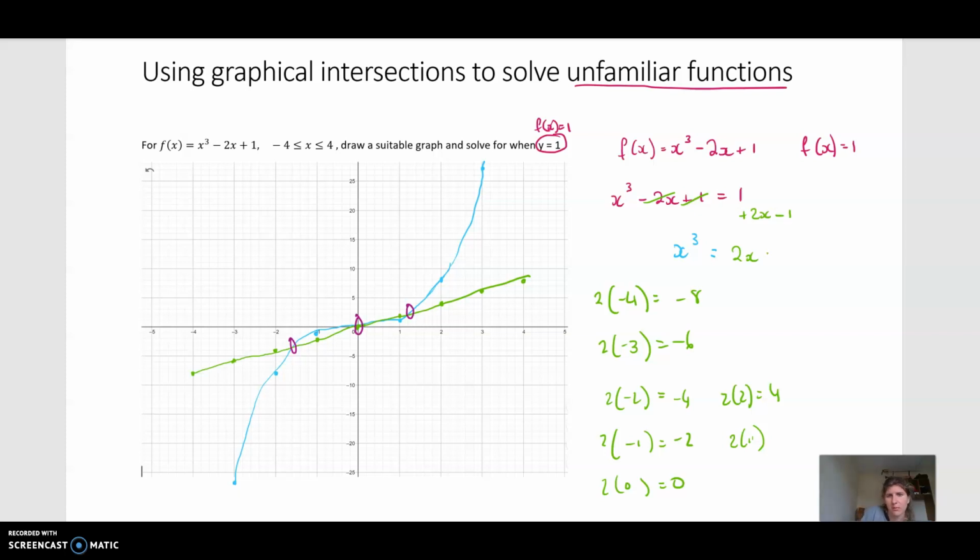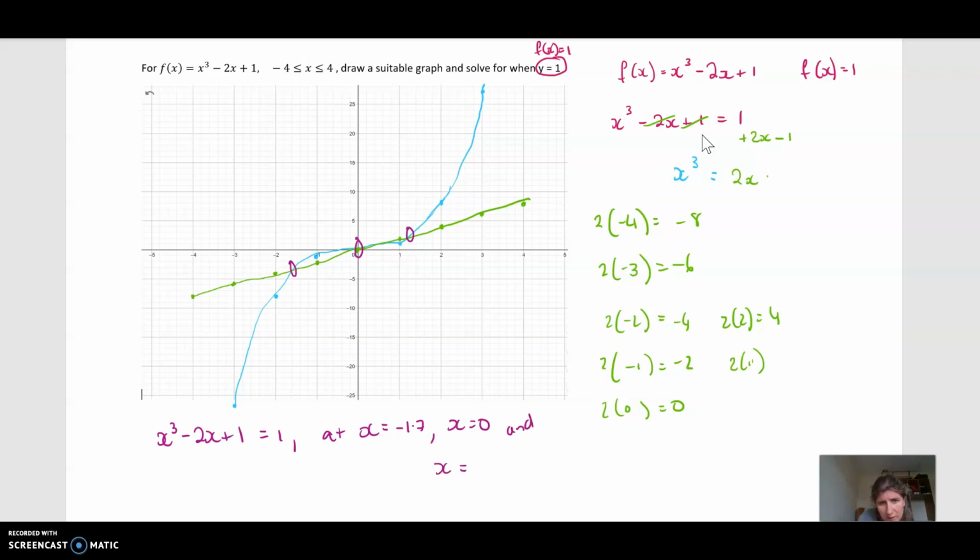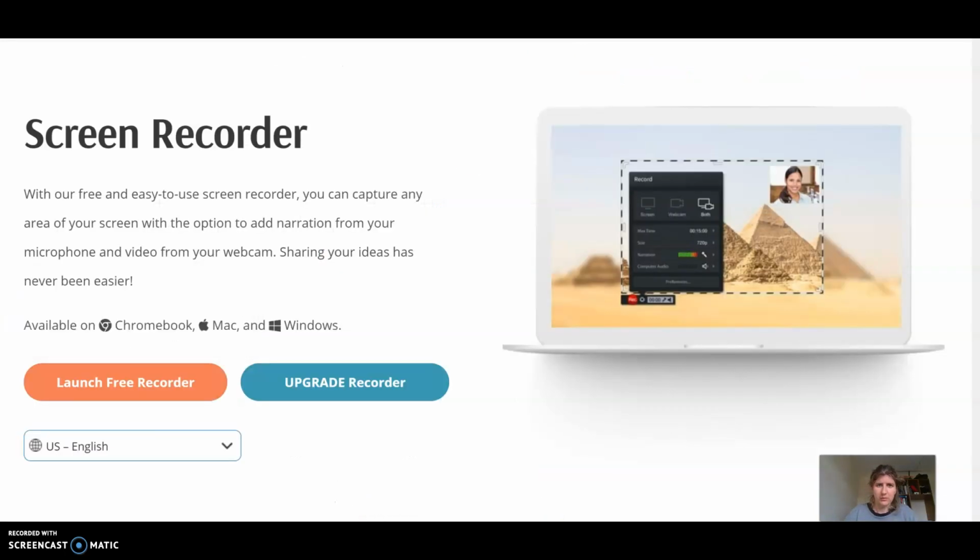Okay, so my solutions for this: x cubed minus 2x plus 1 is equal to 1 at x equals about negative 1.7, at x equals 0, and at x equals, I reckon, 1.2. So then those are my three x coordinates there. Now again, if you wanted to jump onto GeoGebra, just grab this up.